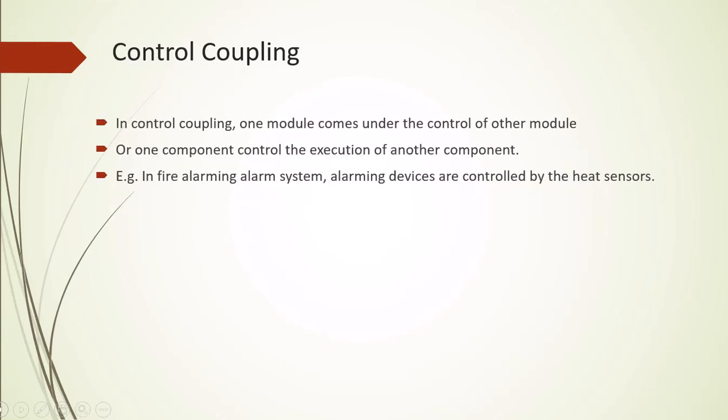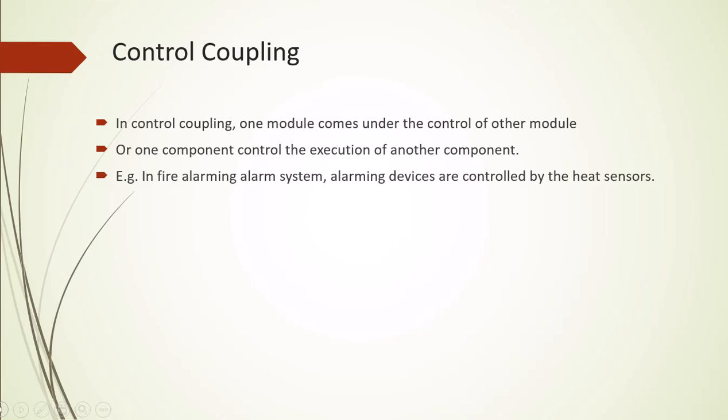Control coupling, as the name suggests, means one module will control another module. So when one module comes under the control of another module, that is called control coupling, or one component controls the execution of another component. For example, in a fire alarm system, alarming devices are controlled by the heat sensors. So the alarm receives a flag signal from the heat sensors.